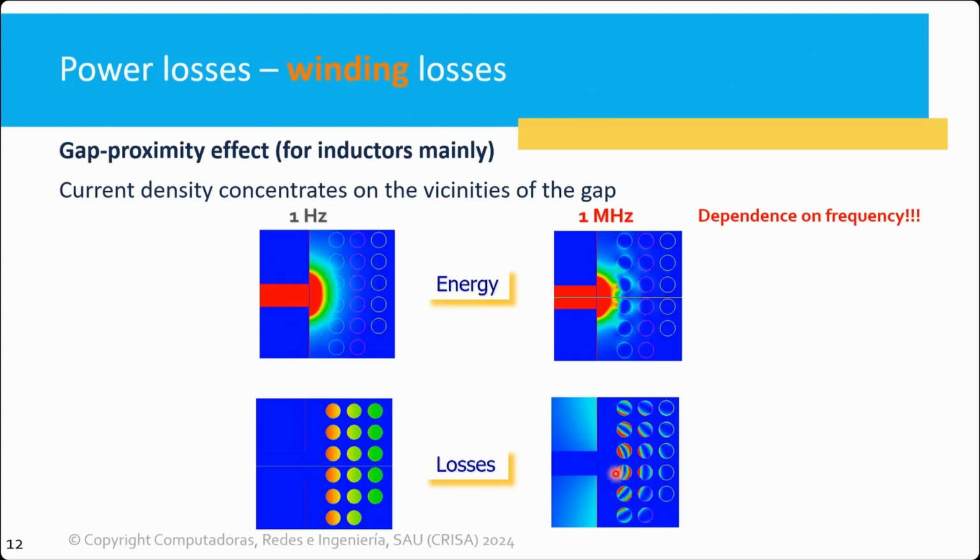So basically, on these red parts is where the most current density is flowing, whereas in the blue part we have almost zero current, which is again just producing a heat dissipation problem in these conductors that are close to the air gap. In DC, we don't have this problem. We see that in DC, the current is homogeneously distributed. Again, this effect depends on frequency.